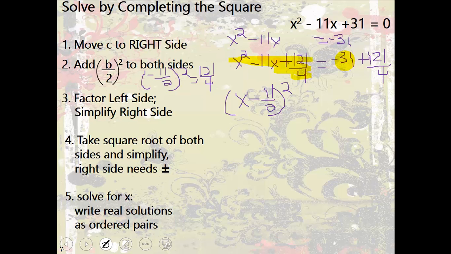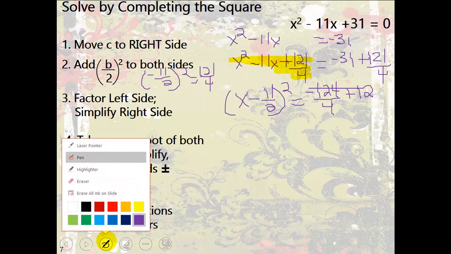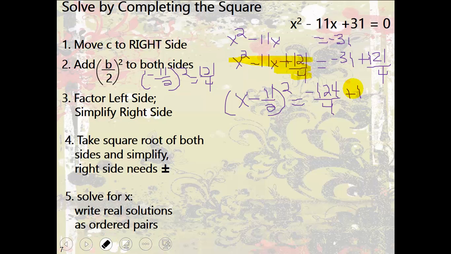Negative 31 is equivalent to negative 124 over 4. I just did it very quickly by multiplying negative 31 times 4 and then putting it over 4. That's how you make a fraction out of a whole number very quickly. And then I have plus 121 over 4.